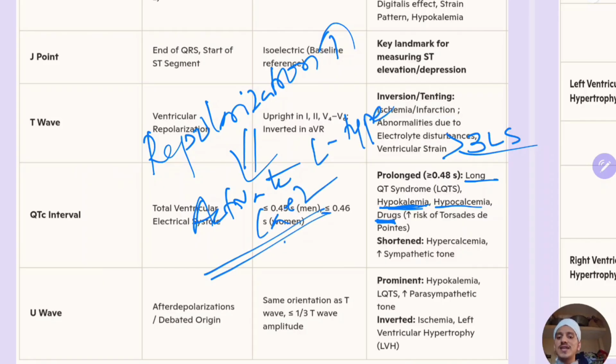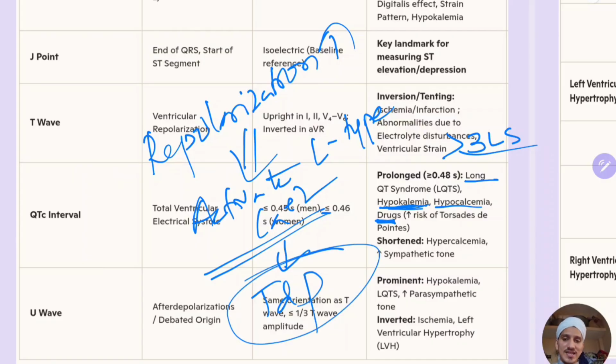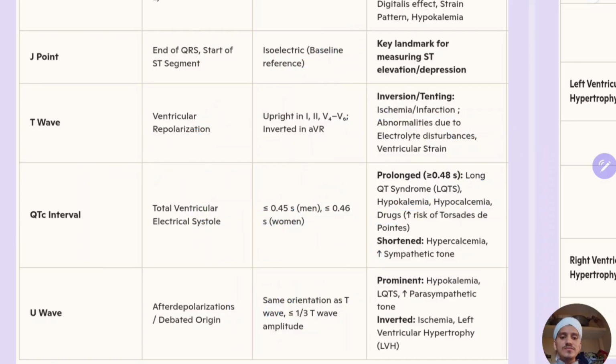These L-type calcium channels may trigger Torsades de Pointes. That is the problem. So for prolonged QT interval, remember important things: drugs, hypokalemia, hypocalcemia, long QT syndrome. Shortened QT interval is seen in hypercalcemia, as it is inversely proportional to calcium concentration. So increased QT interval is concerning.